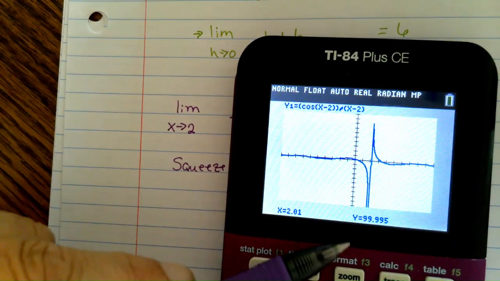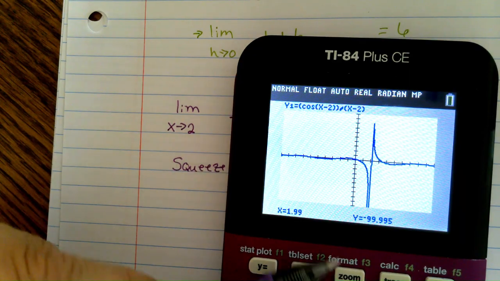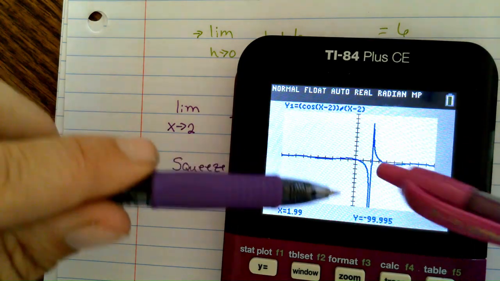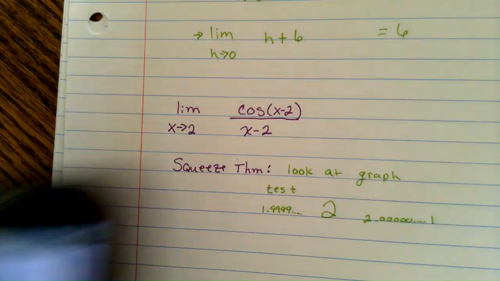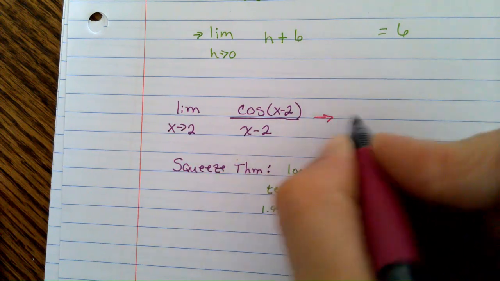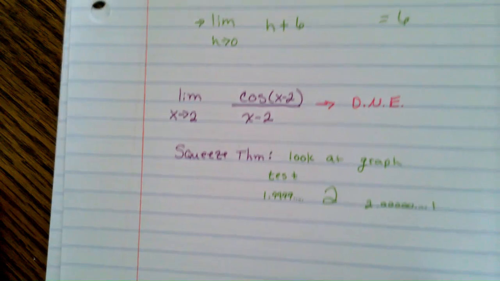See how that's a positive 99? And 1.99 is at negative. I think those are definitely very different. Those are not coming together. We can also see, boom. Okay, so this limit does not exist.